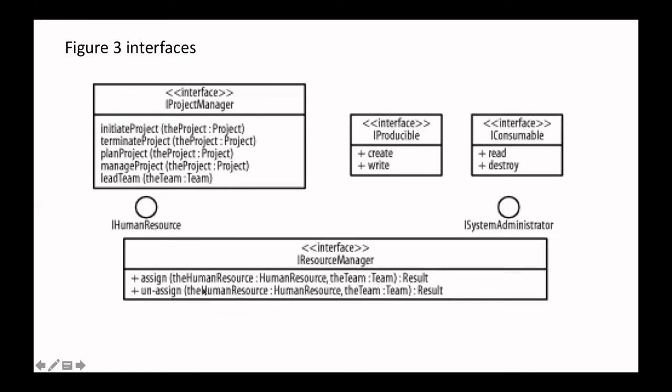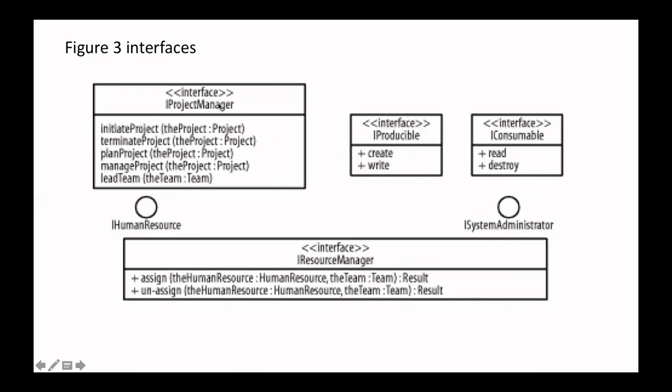These are the three aspects. When the project is initiated, the resource manager assigns the human resource team for the initiated project. If the project is terminated, then the human resource team is unassigned. And what are the operations?